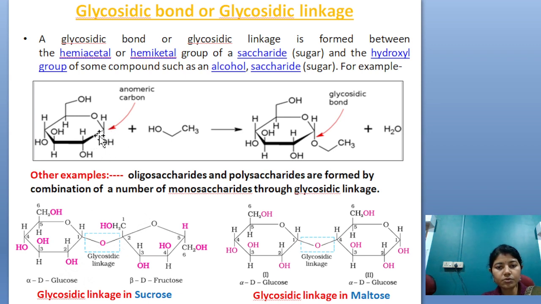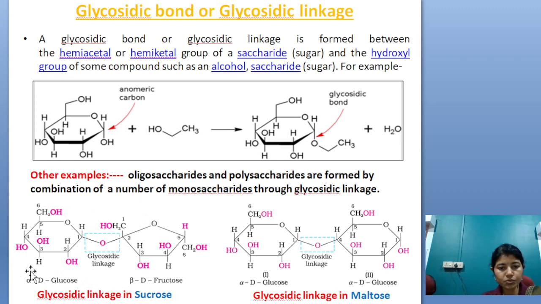This hemiacetal group reacts with the hydroxyl part of the alcohol to form an ether kind of bond with the release of one water molecule. This ether kind of bond is termed as the glycosidic bond. So the glycosidic bond is the bond between the hemiacetal group and the hydroxyl group of alcohol or saccharide. So let us take some other examples.